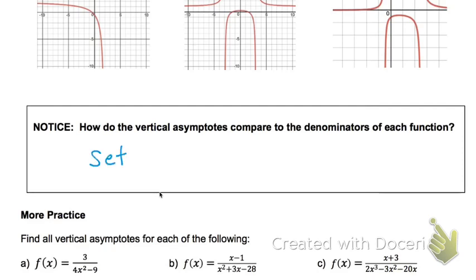So I set the denominator equal to 0, and that becomes my vertical asymptote. Y'all are dominating this. So we're not looking at the numerator or anything right now. We're just looking at the denominator and factoring it and setting it equal to 0.